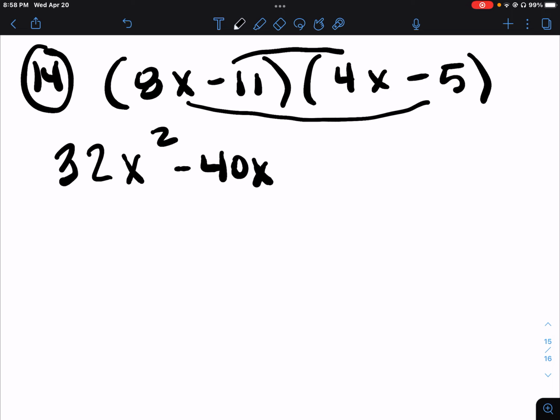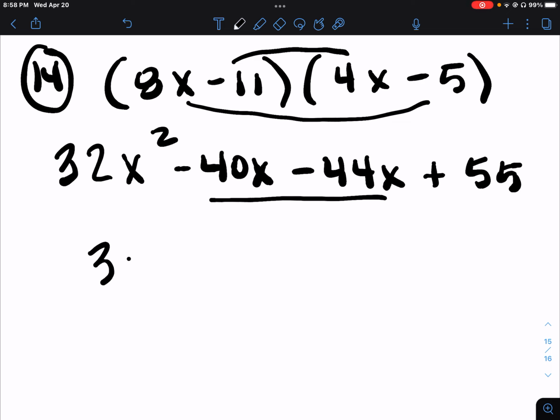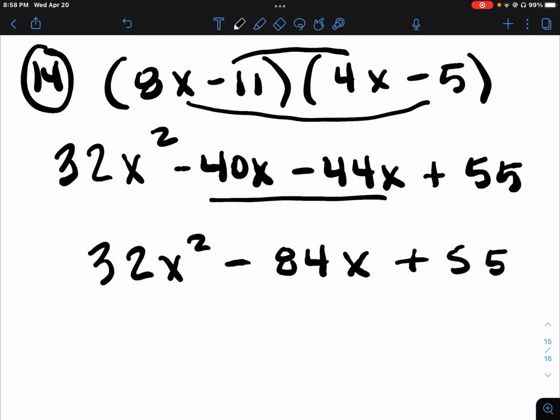Inside, negative 11 times 4x. And last, negative 11 times negative 5 is positive. These like terms add up, combine. The signs are the same, so you add the numbers and keep the sign.